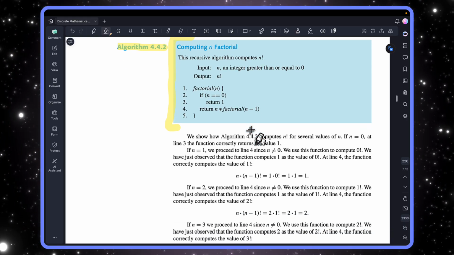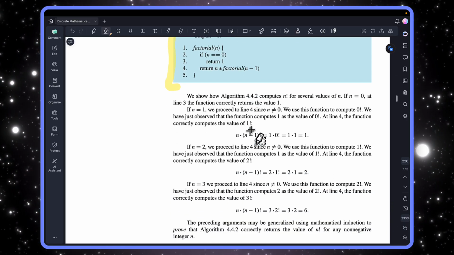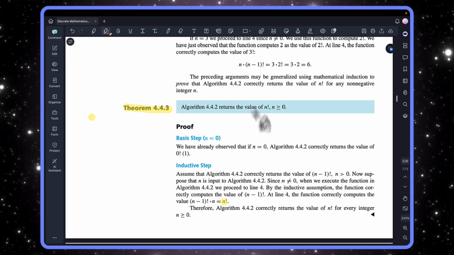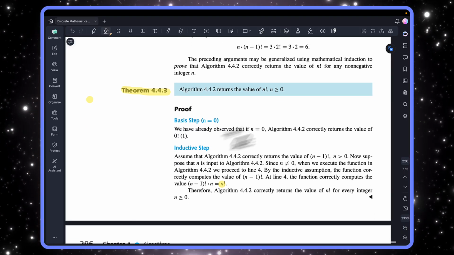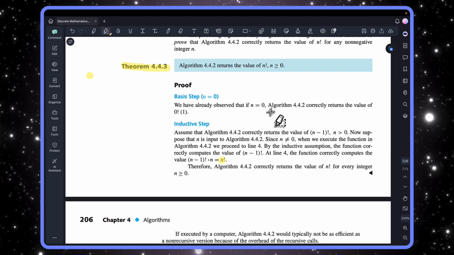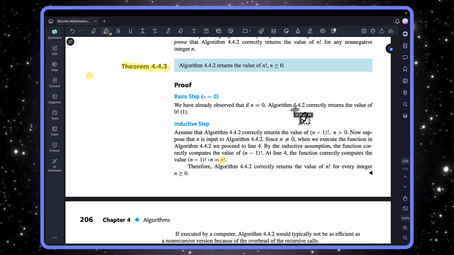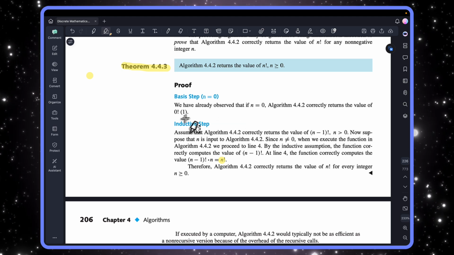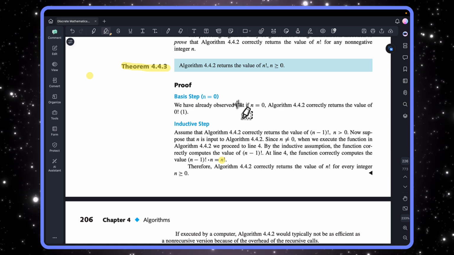So it basically generates the answer. So here's the proof that it works. The basis step: we have already observed that if n is equal to 0, algorithm 4.4.2 correctly returns the value of 0 factorial, which is 1. So it's done for the first step.